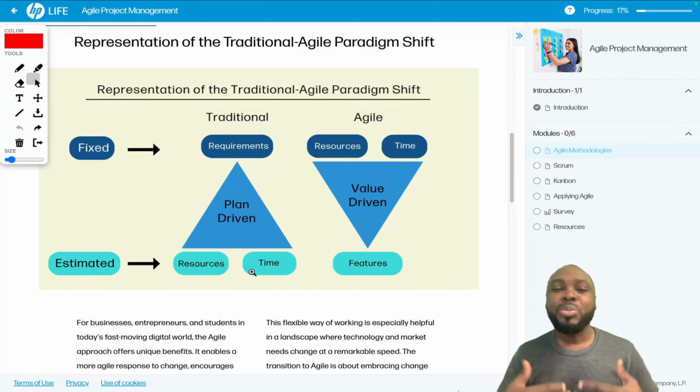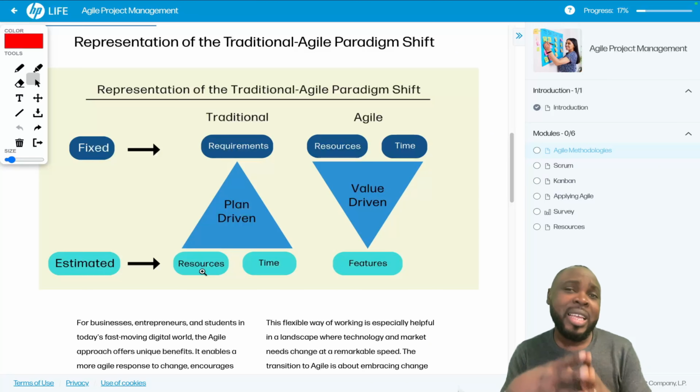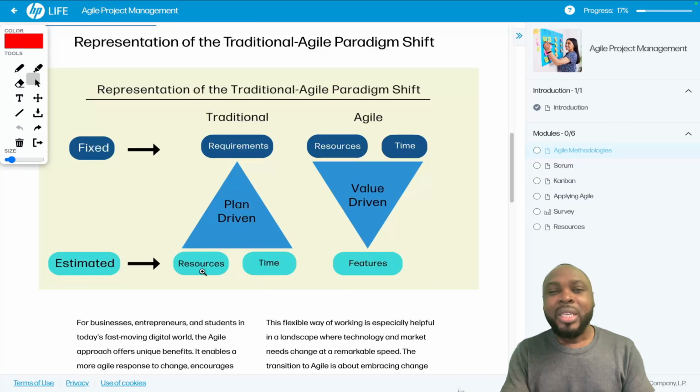It will cost more money and require more resources, because we will need more time to achieve that. We'll also need more people in terms of human resources, and in terms of funding, we will need more money. So change is expensive and not easy in the traditional way of project management.